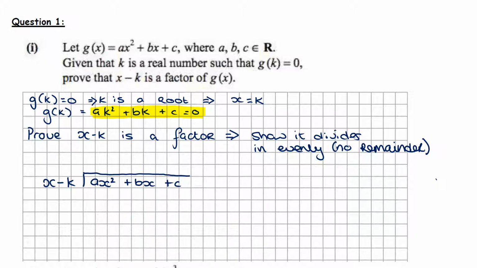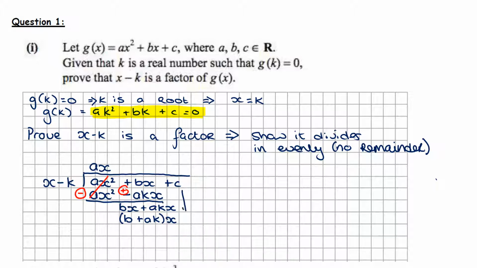So first division is slightly okay. Goes in ax times. So ax squared minus akx. So then we subtract. Cancel. This becomes a plus. And we're left with bx plus akx. Now, really what we want to do is we want to take that x, you see that x that's common? So what we end up with is b plus ak times x.